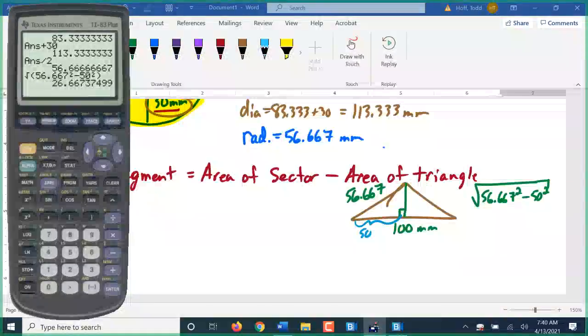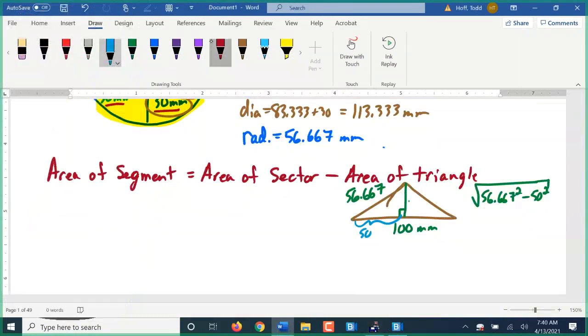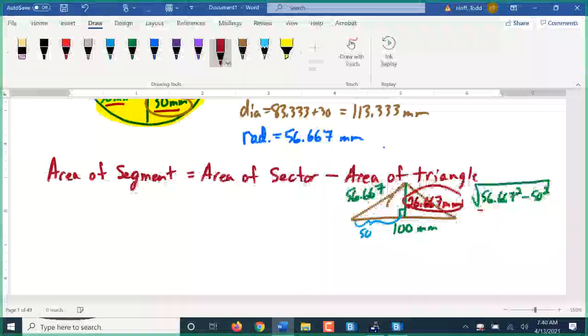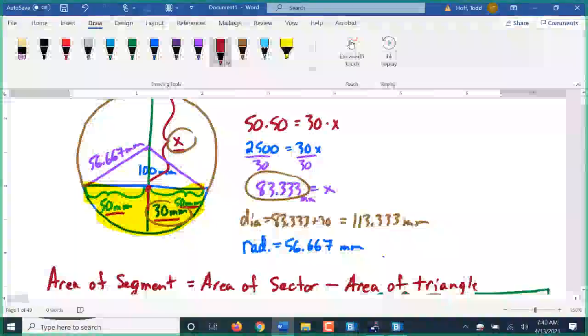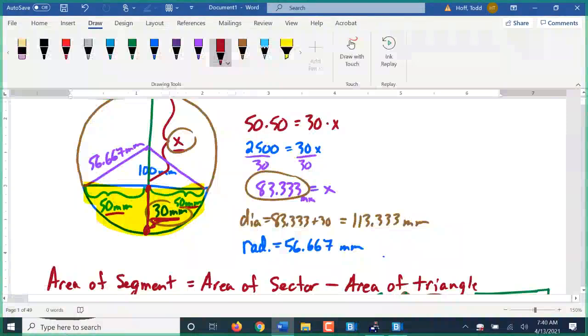Here is 26.667. Now, I did not have to go through this use of the Pythagorean theorem because I knew that this distance from here to here was just 30 millimeters. I could have just subtracted that from my radius of 56.667 to get that 26.67.